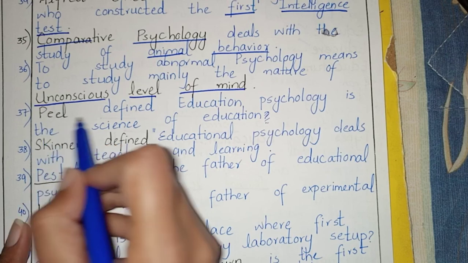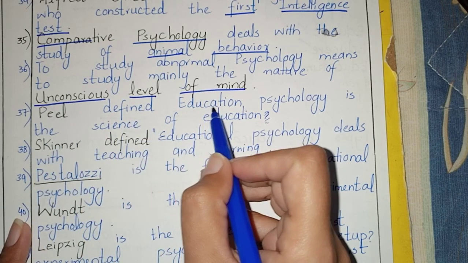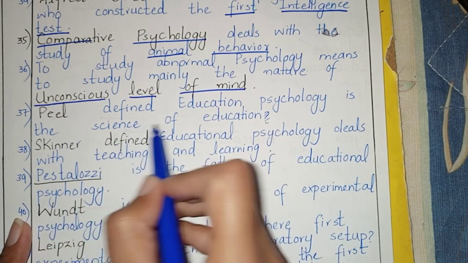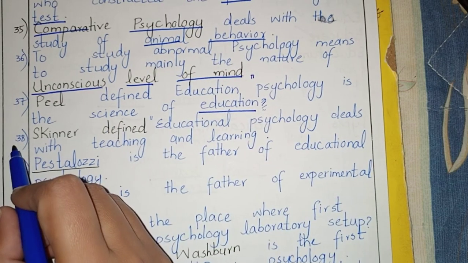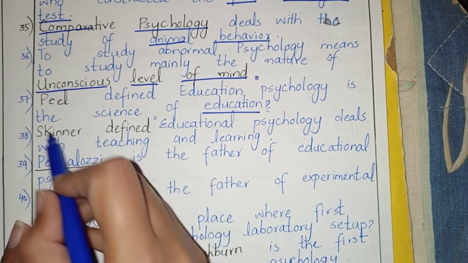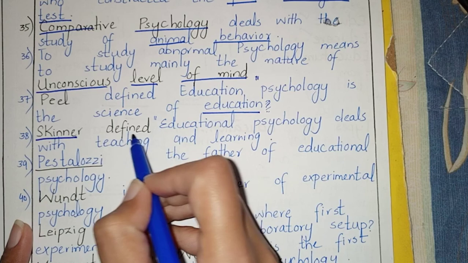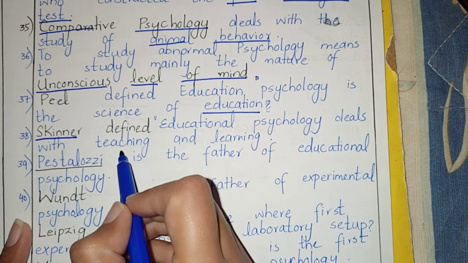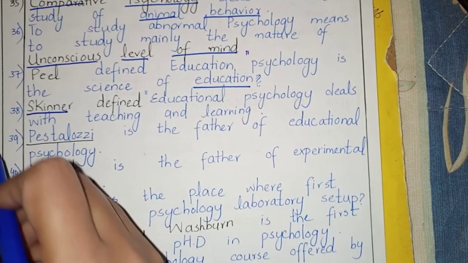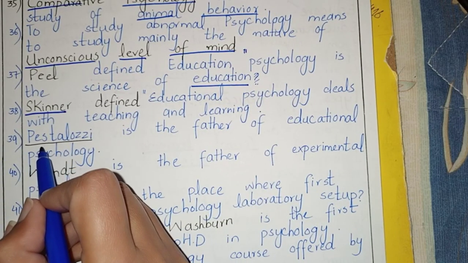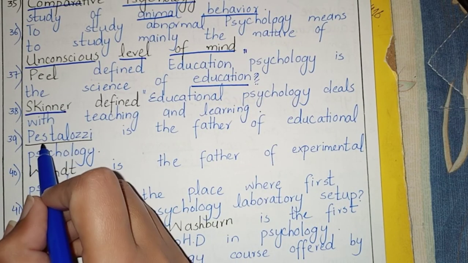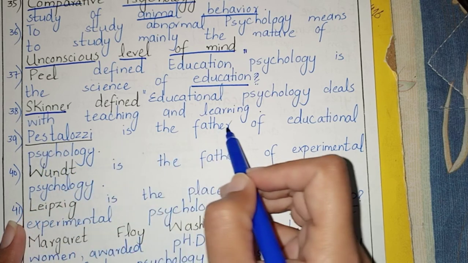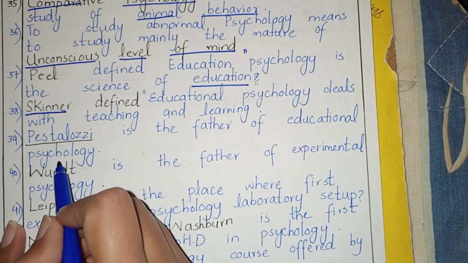Peel is the scientist who defined education. Psychology is the science of education. Question number 38. Skinner is the scientist who defined that educational psychology deals with teaching and learning. Question number 39. Pestalozzi, he is also a scientist, is the father of educational psychology.